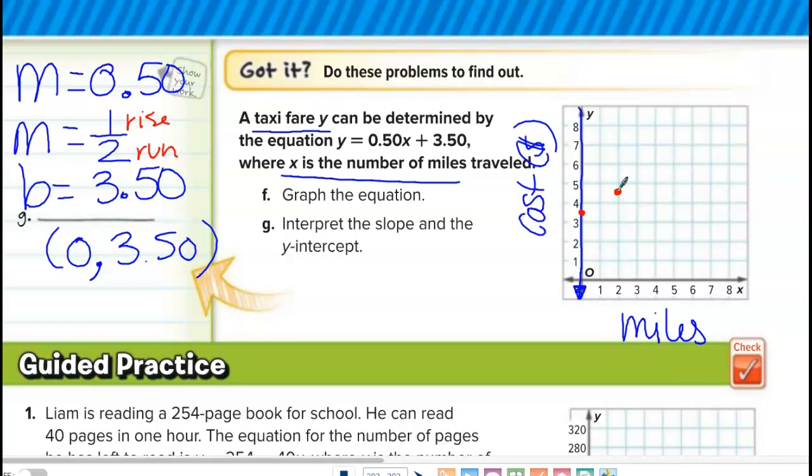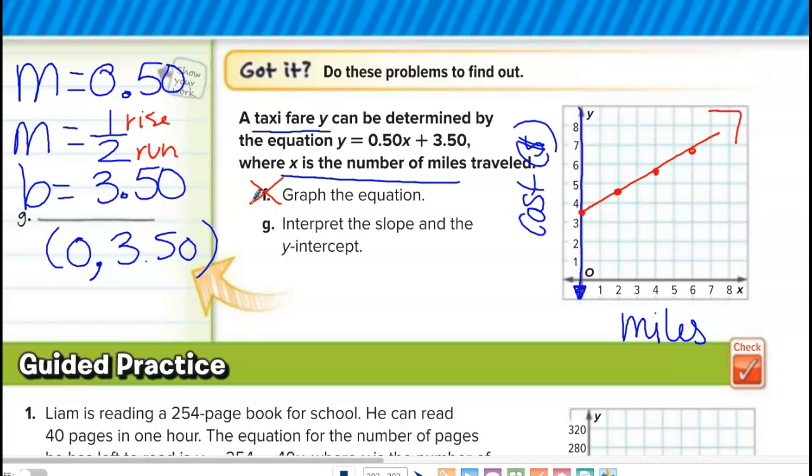So from that point, I rise how many? 1, and then I run how many? 1, 2. Put a dot. I rise how many? And I run how many? So I put a dot. Then I can connect my dots with a straight line. That is how you graph it. Okay? So I've done F now.